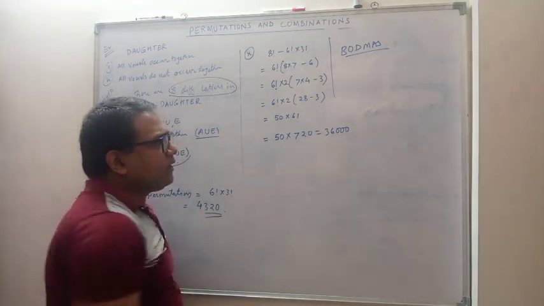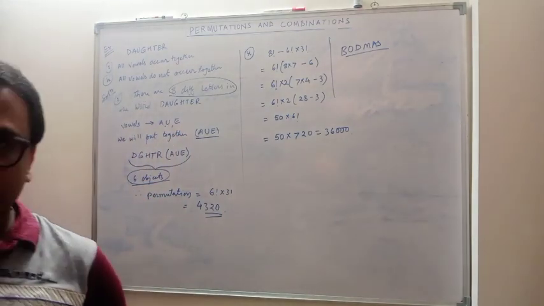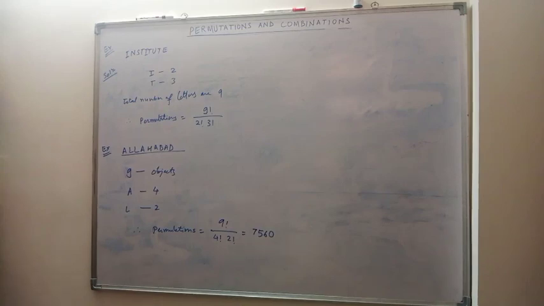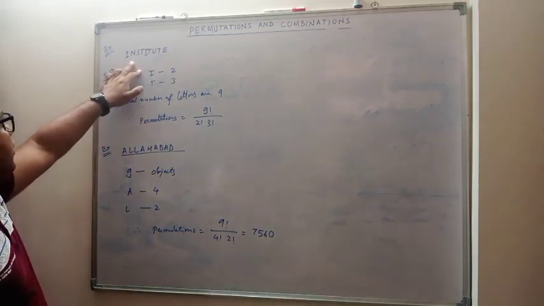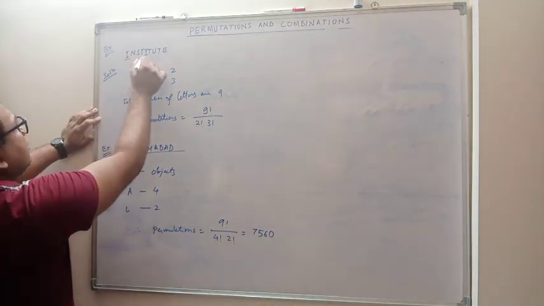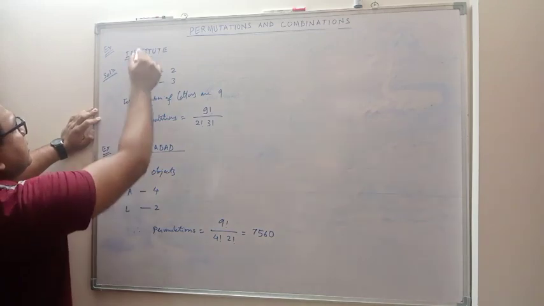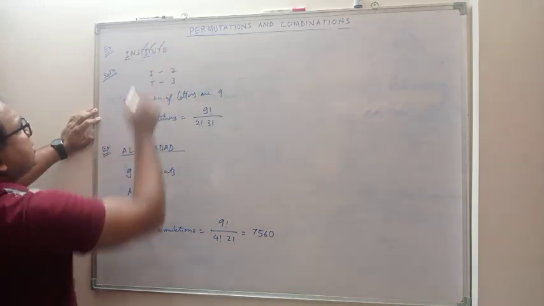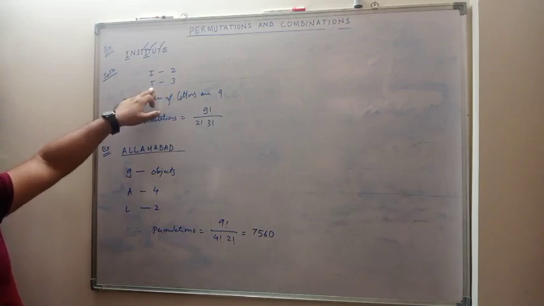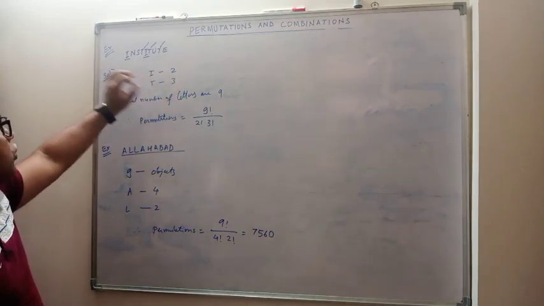So these are the situations where you can have arrangements. Now we will consider the word INSTITUTE. Here we have I 2 times, and T, this is T, this is T, this is T, so three times we have T and I 2 times.